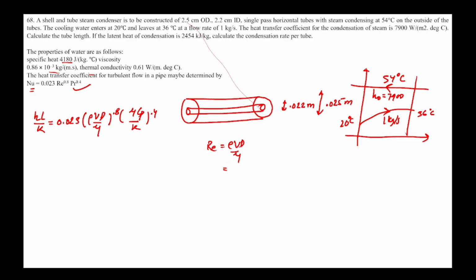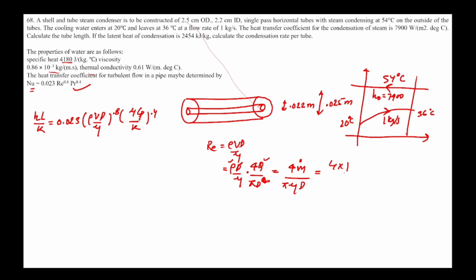Velocity we do not know. What we will do? Rho d by mu. Velocity we can write as 4Q upon pi d square. So one d will cancel out. This rho and this Q will become the mass flow rate. So 4 mass flow rate divided by pi mu d.